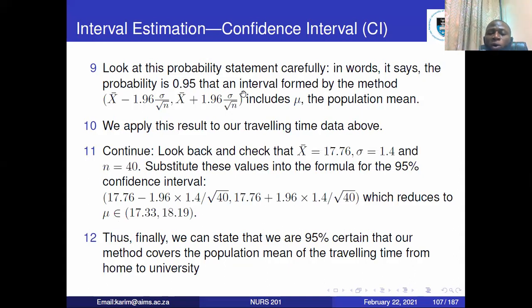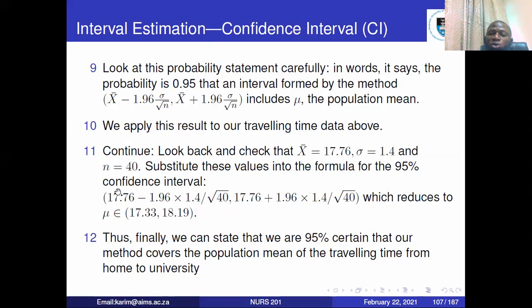So we can use our working time data. When we look at the working time data, our mean was 17.76 with population standard deviation 1.4. The number of observations is 40.